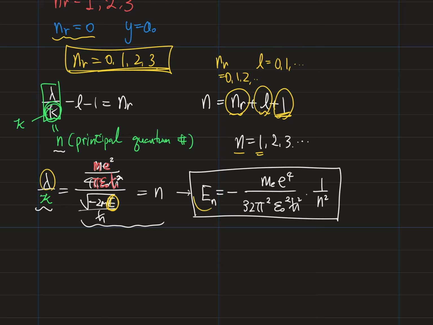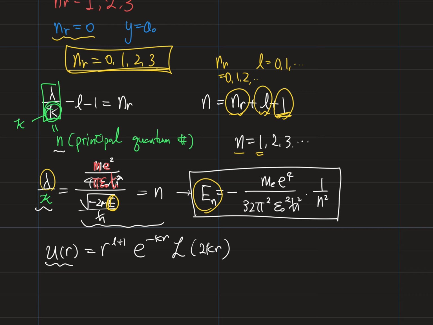So now we have obtained the energies, and your function U(r), this is r to the l plus 1 exponential minus kappa r, and the Laguerre function of 2 kappa r, I guess, right?